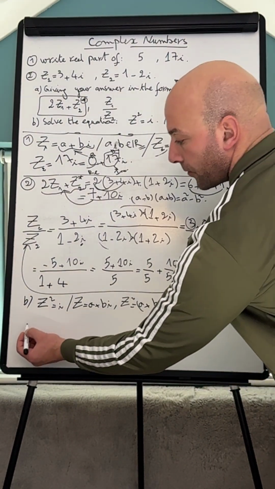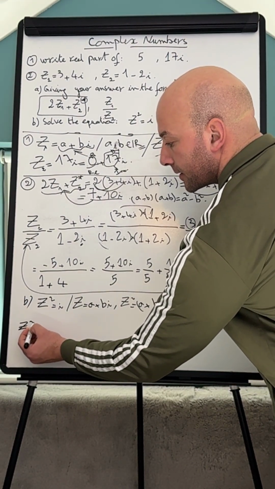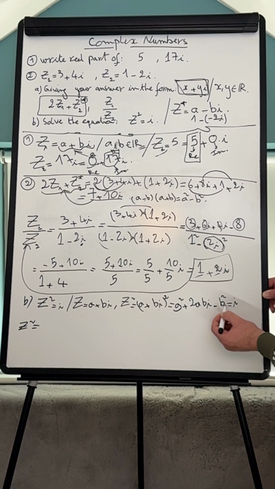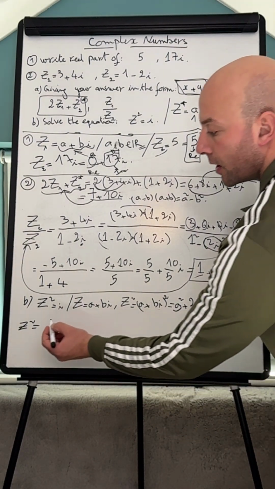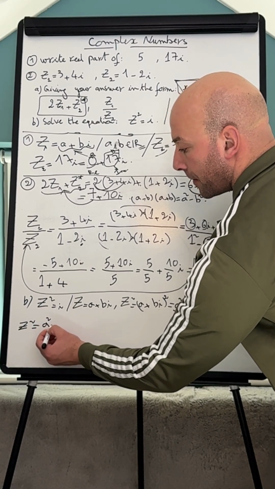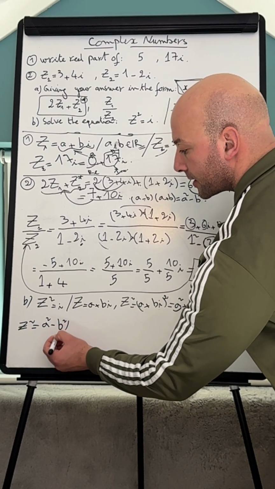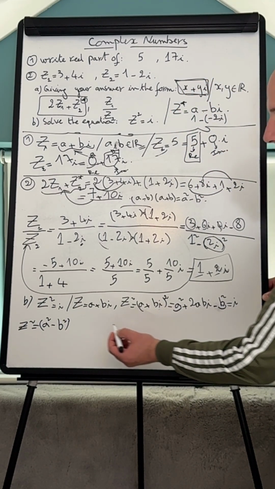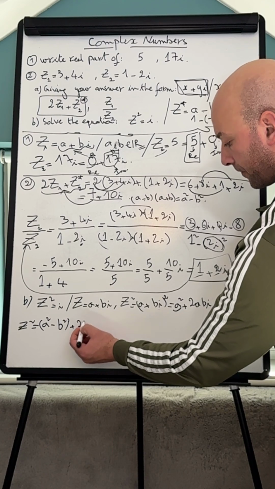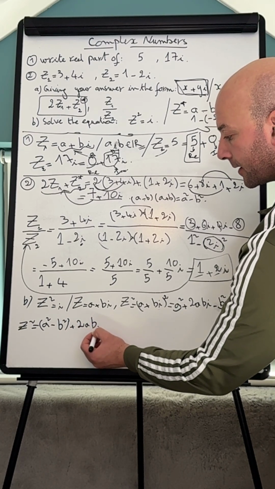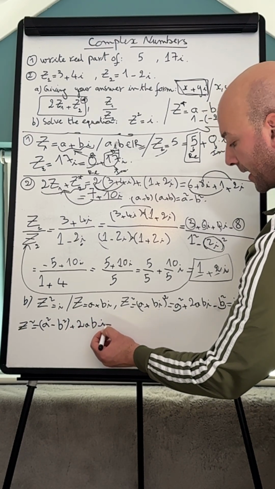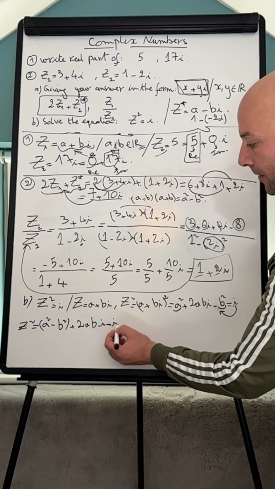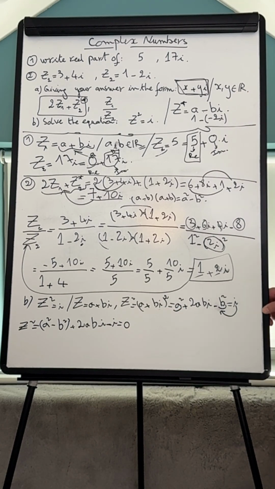So from here, z squared equals, here we've got a real number, and this is a real number, which is going to be a squared minus b squared. This is a real number. And then here we've got the imaginary number, which is 2abi minus i, if we move it to this side, equals 0.